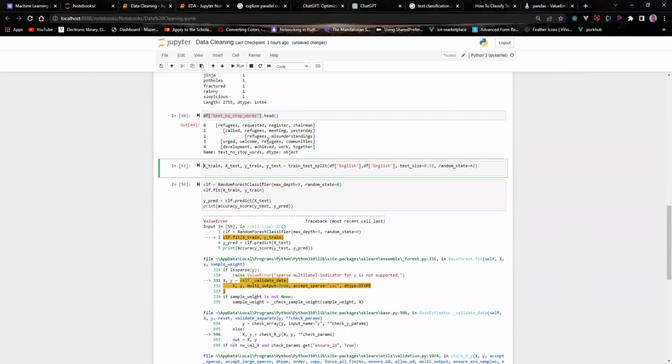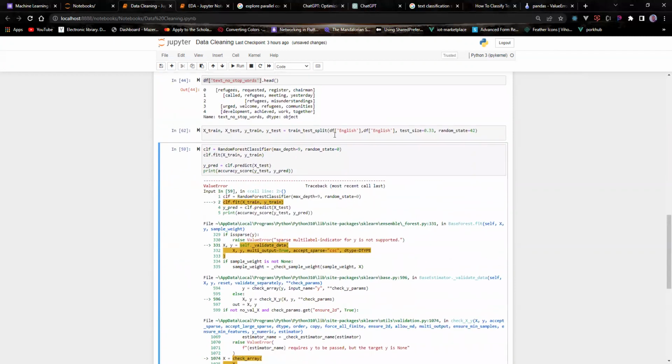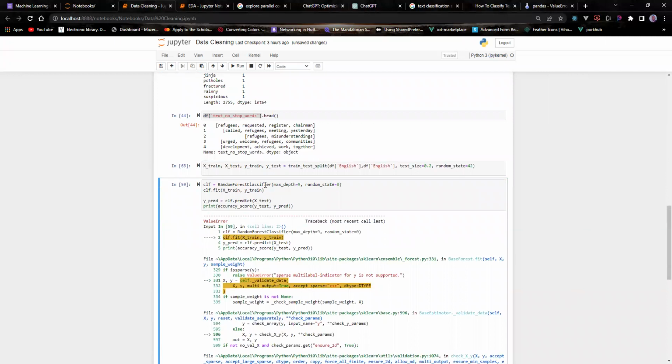When it came to splitting, I was able to successfully split the data set. I used 0.33. We can try something like 0.2. So I'm going to do that, but I'm having issues with my classifier. Specifically, I wanted to use random forest because it would be easy to play around with the hyperparameter, which is the maximum depth of the tree.